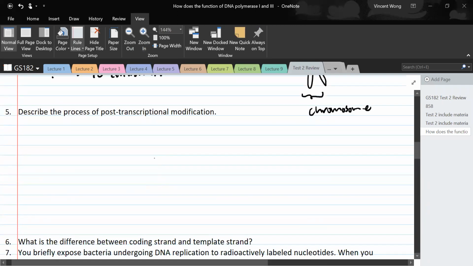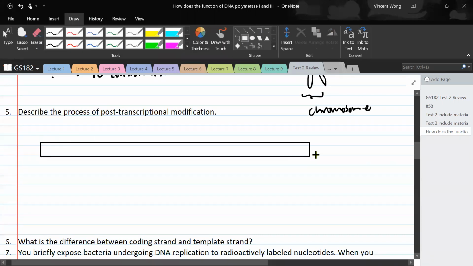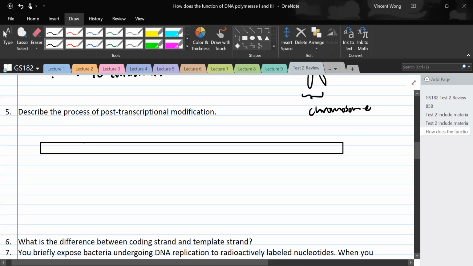Describe the process of post-transcriptional modification. So after the transcription process, we have the exons, and we also have the introns, right? The introns are non-coding sequences, and they will be removed.